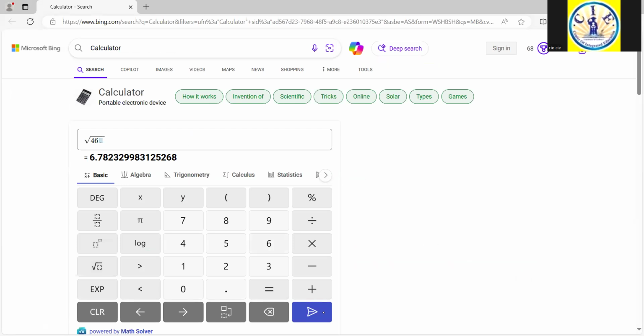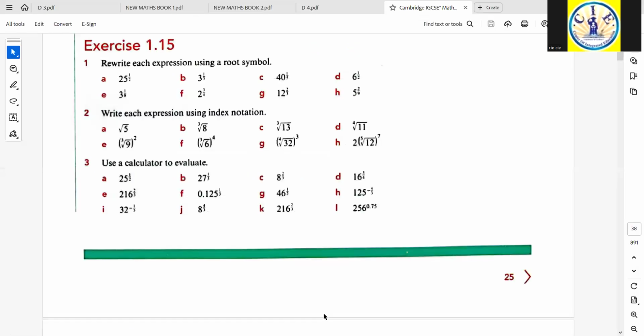Similarly, for the next part, which is part H, 125 raised to power negative 4 by 3.